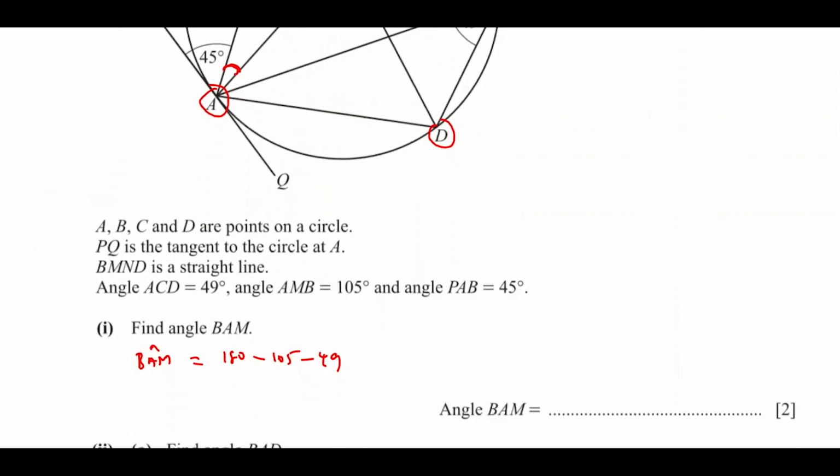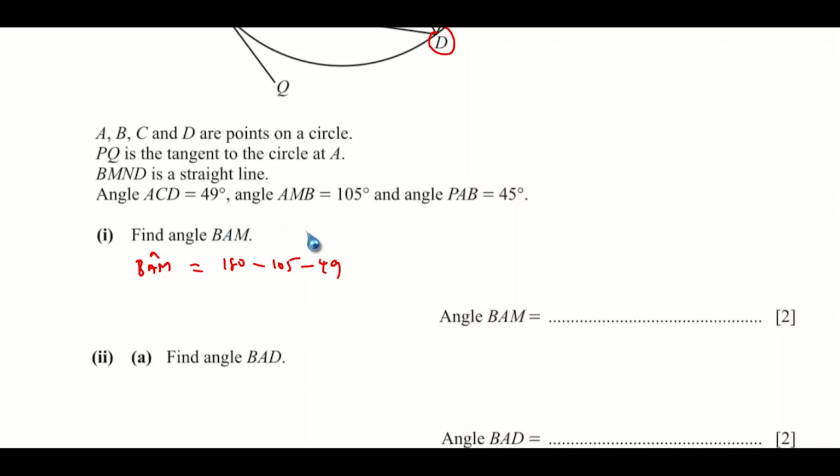That is very straightforward. You may want to write this like angle ACD, the one I showed you, equals ABD, then equals 49 degrees. So if you do this, this should give you 26 degrees. That is the value of BAM, 26 degrees.